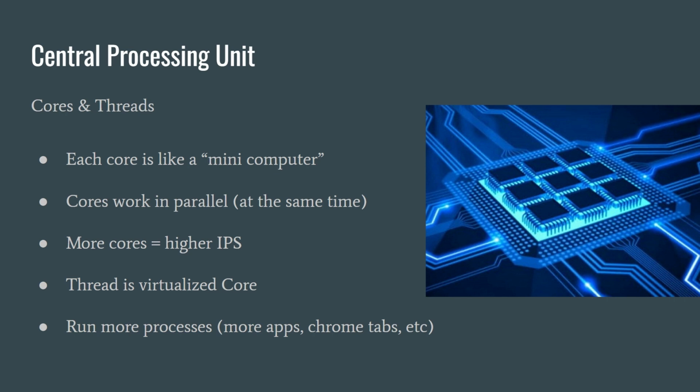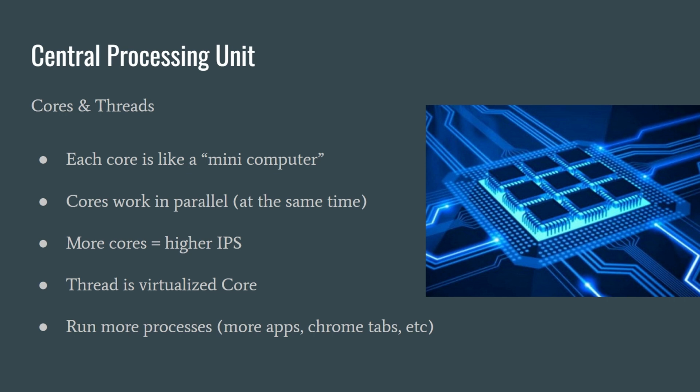So even if you had say 1,000 cores, which is impossible, but say you did, you still wouldn't really get a benefit if you only were using an application that ran on say 1 or 2 threads. And a thread is kind of like just a virtualized core. You can think of it as pretty similar.